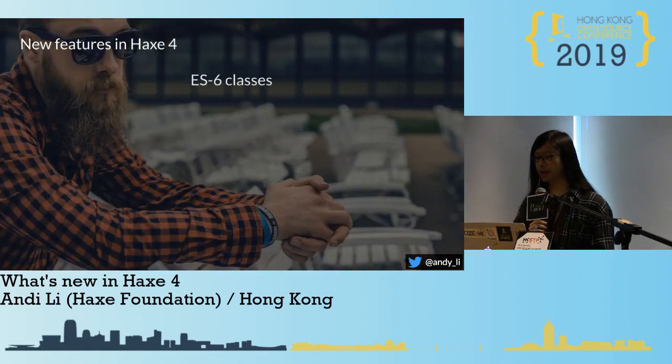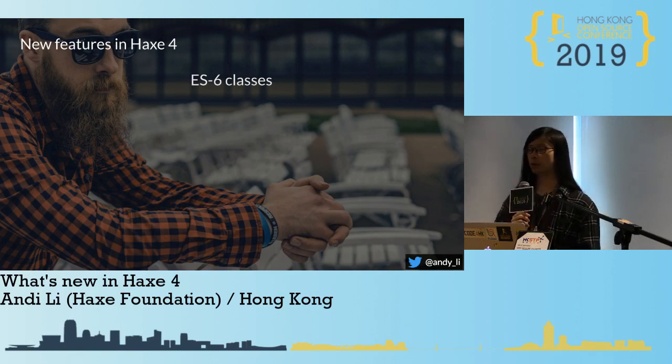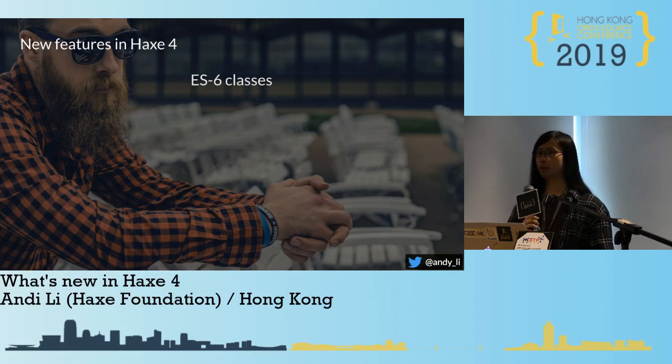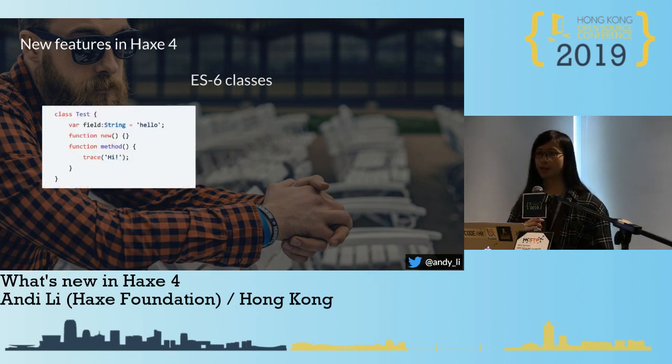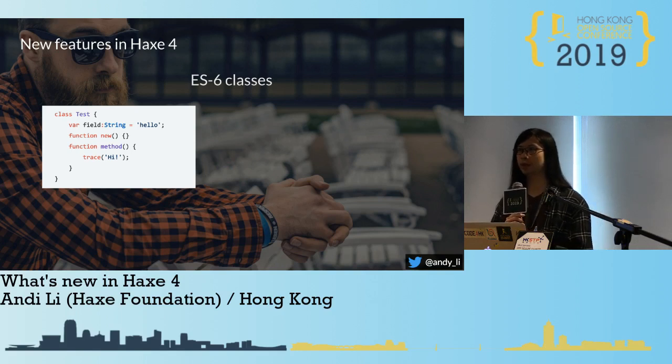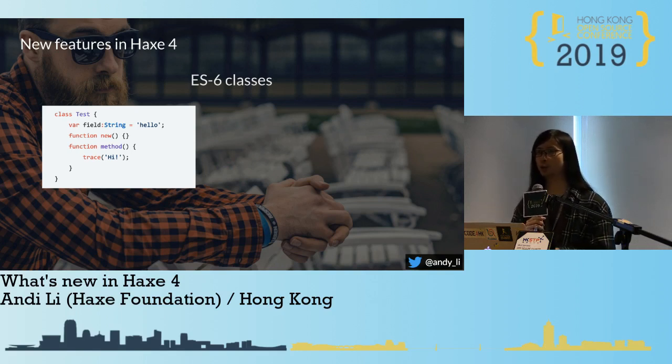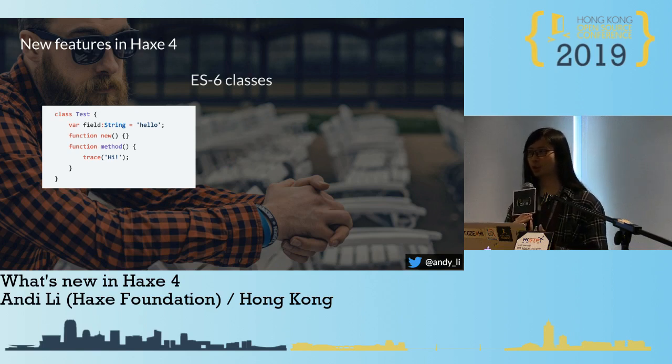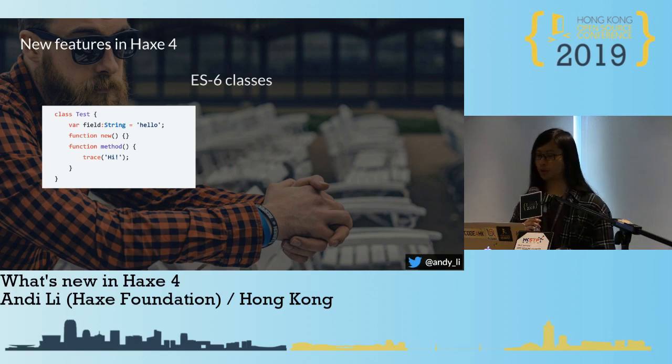Another thing is ESX classes. In Haxe 3, we only produced old school JavaScript output, so when you write a Haxe class like this, it will produce JavaScript that makes use of the JavaScript prototype object to do the override or extend things that we normally do nowadays with ESX class.